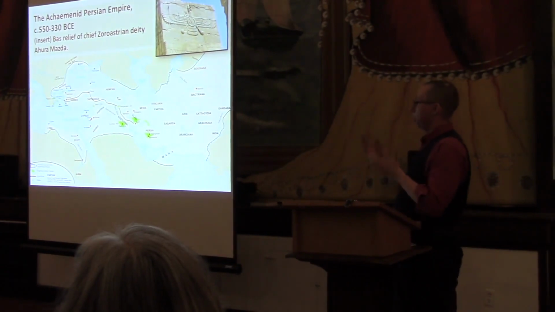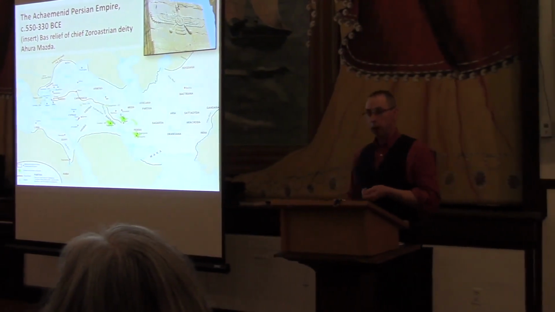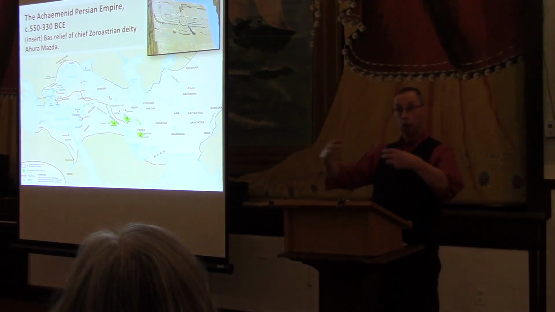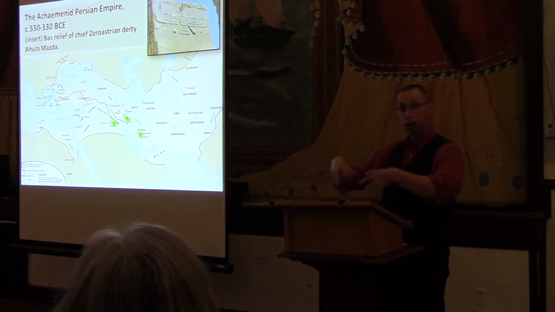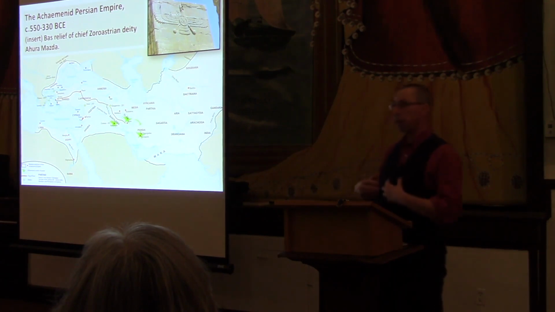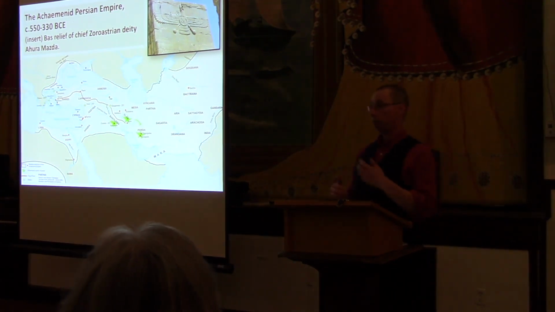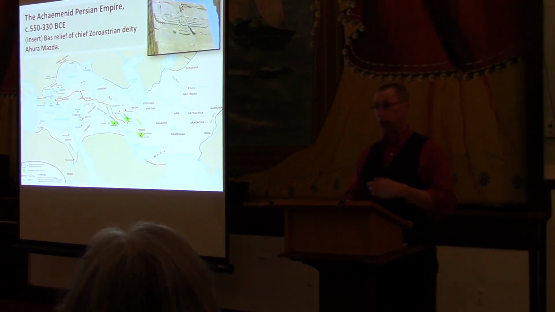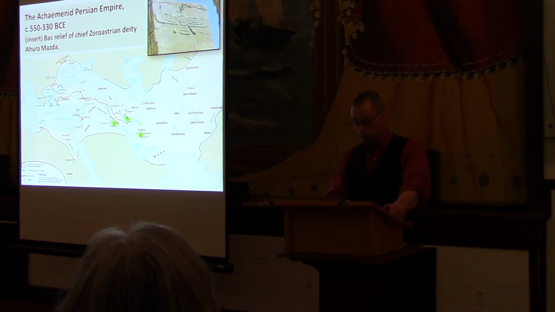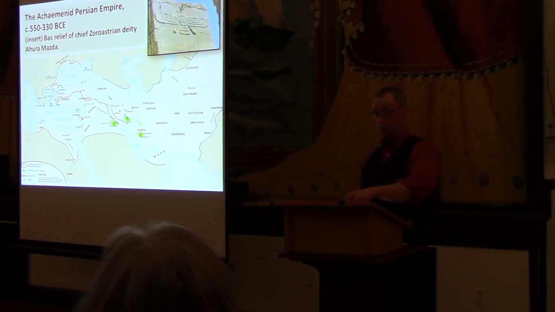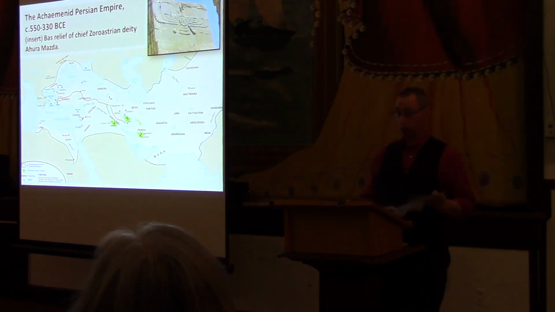But the Persians, much more sophisticated, are going to find ways of assimilating the conquered elites into their state structure, and in particular, they're going to do it through religion. The Zoroastrian religion, another great monotheistic religion in the Middle East, becomes the unifying ideological force of the Persian Empire.